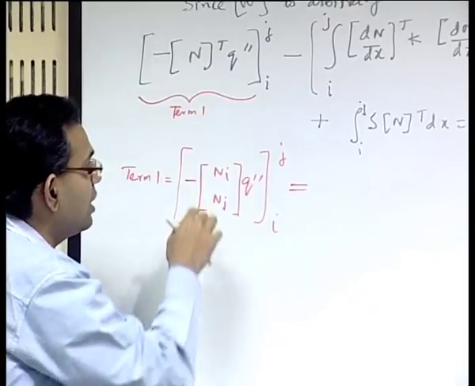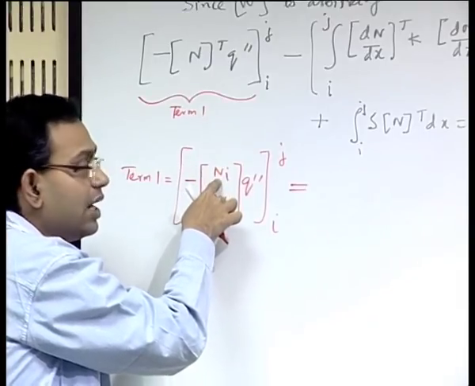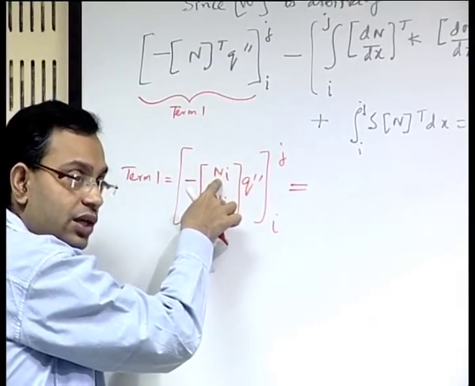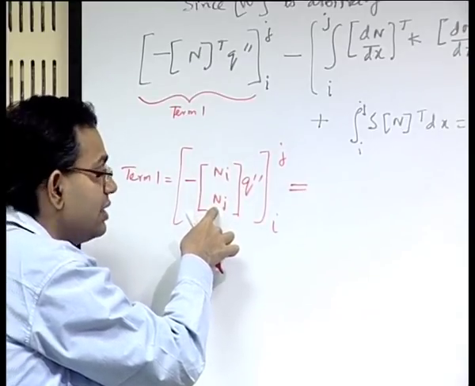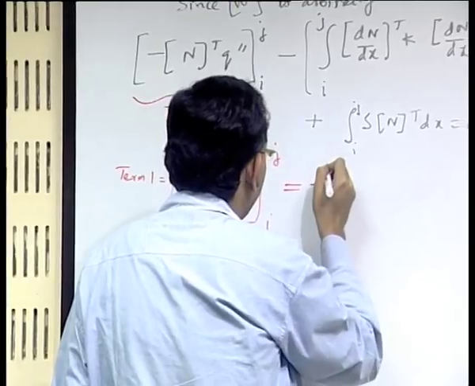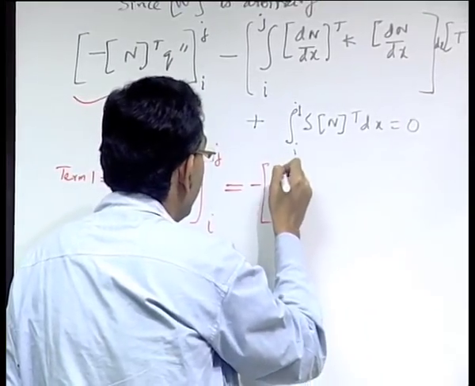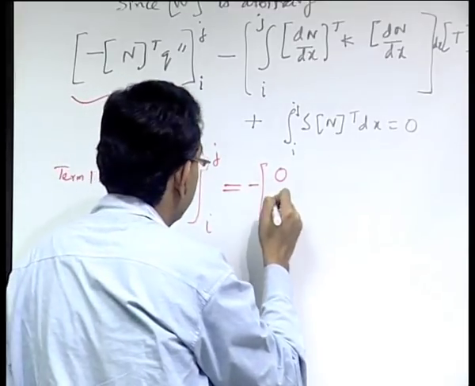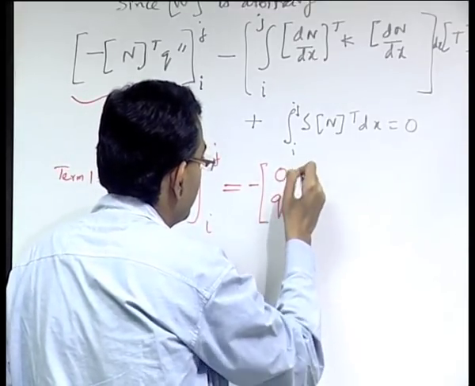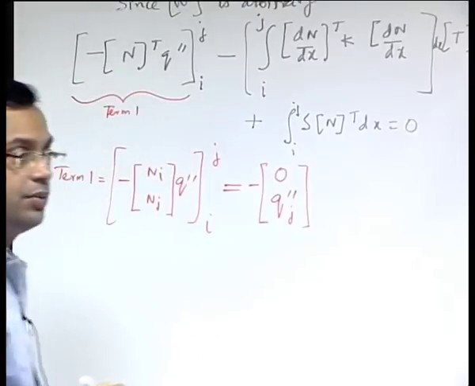So, what is the quantity at j? Ni is equal to what at j? 0, and Nj is equal to 1 at j. So it will be minus 0, so 1 times the heat flux at j. This is the upper limit.